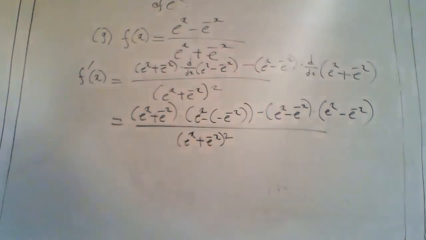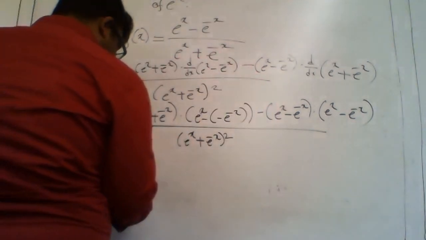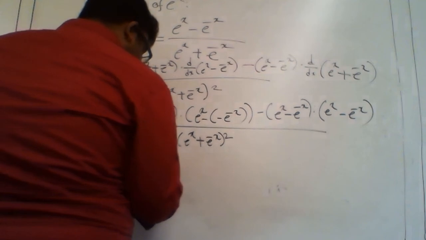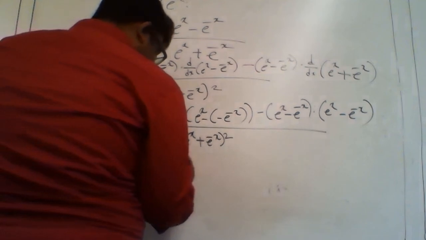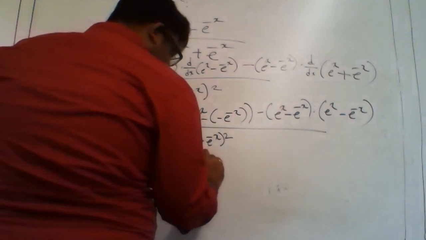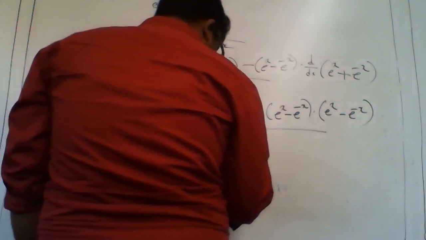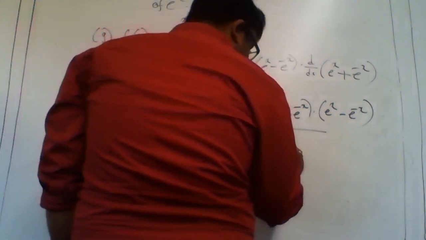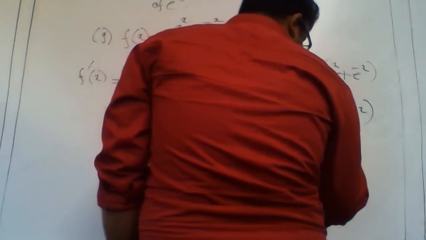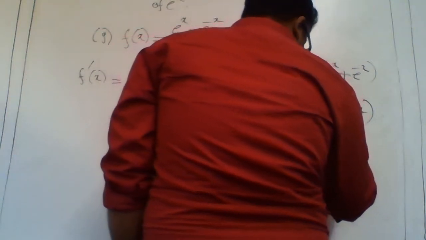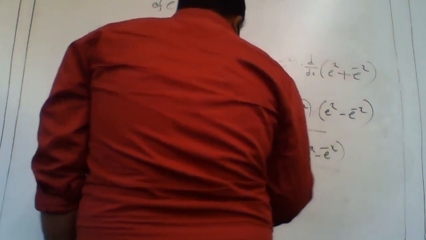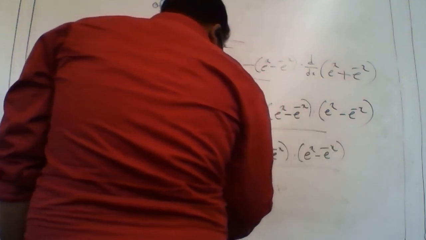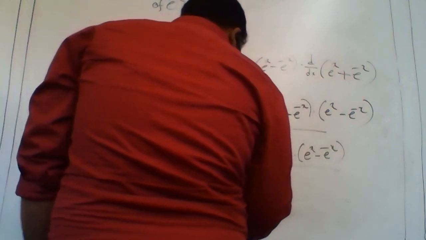So ultimately you have to simplify this: e to the power x plus e to the power minus x times e to the power x plus e to the power minus x, minus e to the power x minus e to the power minus x times e to the power x minus e to the power minus x, whole divided by e to the power x plus e to the power minus x whole square.